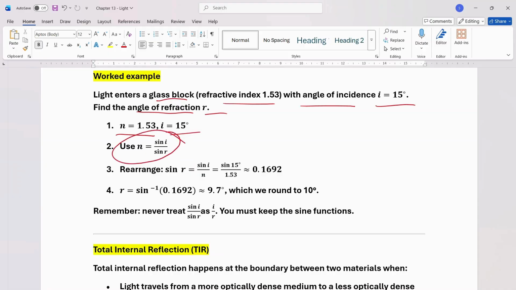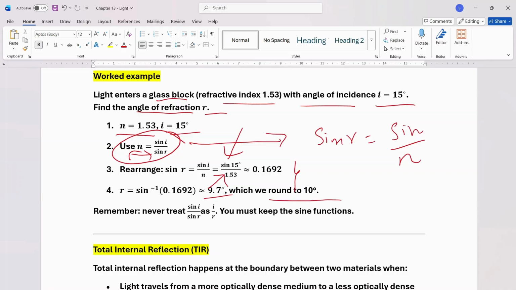Use the formula, placing the values: sine 15 in place of sine I, and refractive index 1.53 in place of N. As we need to calculate R, we have exchanged its places, so it becomes sine R equals sine I over N. After replacing the values, we get R equals 9.7 degrees, which we rounded off to 10 degrees.